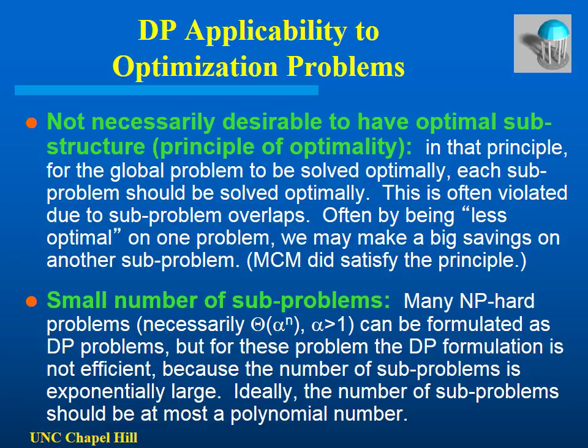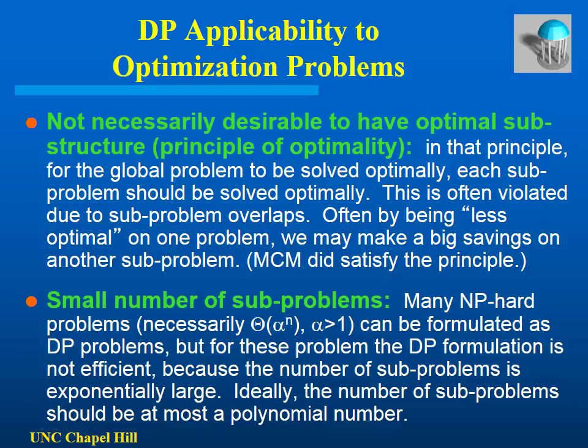Another thing that should be realized in regard to dynamic programming's applicability to optimization problems is that there exist problems which are themselves necessarily exponential in N. Such problems are called NP hard. We'll define that carefully later at the end of the course.